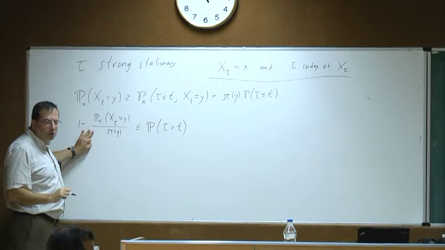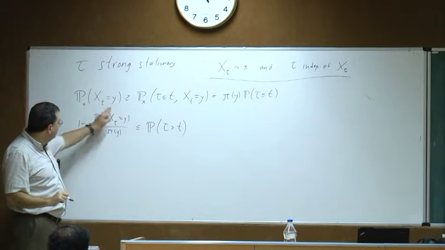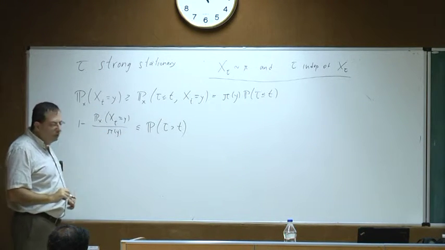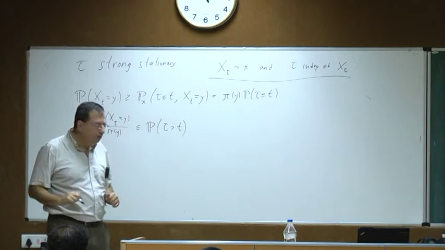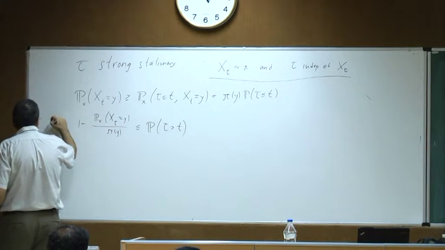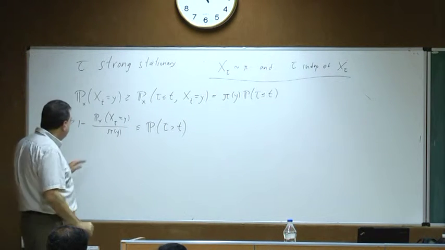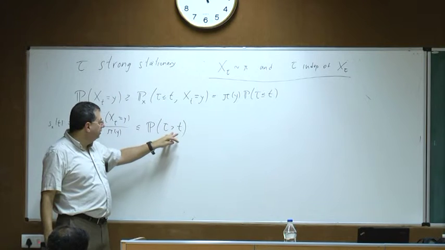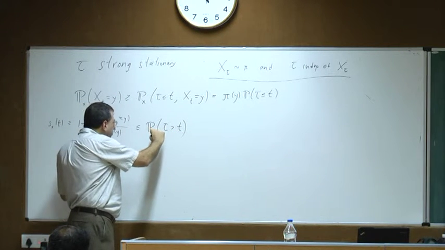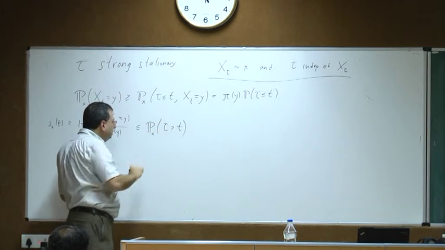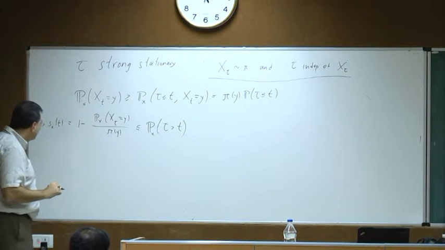So a strong stationary time always satisfies this quantity, which is known as the separation distance of the chain. It is at most the probability, starting from x, of tau bigger than t, the tail probability of the strong stationary time.